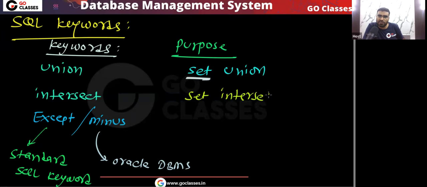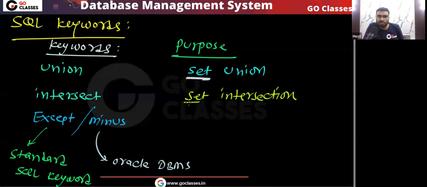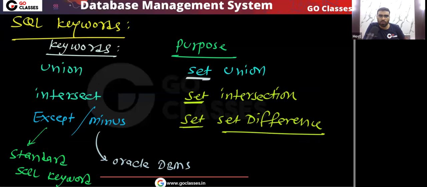Basically, these keywords will treat the input table as a set of tuples, and they will produce a set of tuples. There will be no duplicate tuples. Is this clear? So that is the reason, again I am telling you, that the purpose is set union, set intersection, and set difference. I hope you understood.